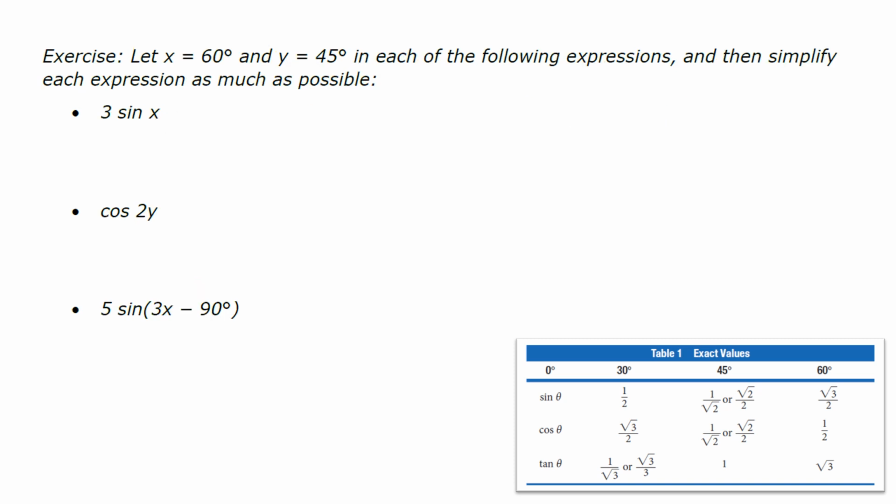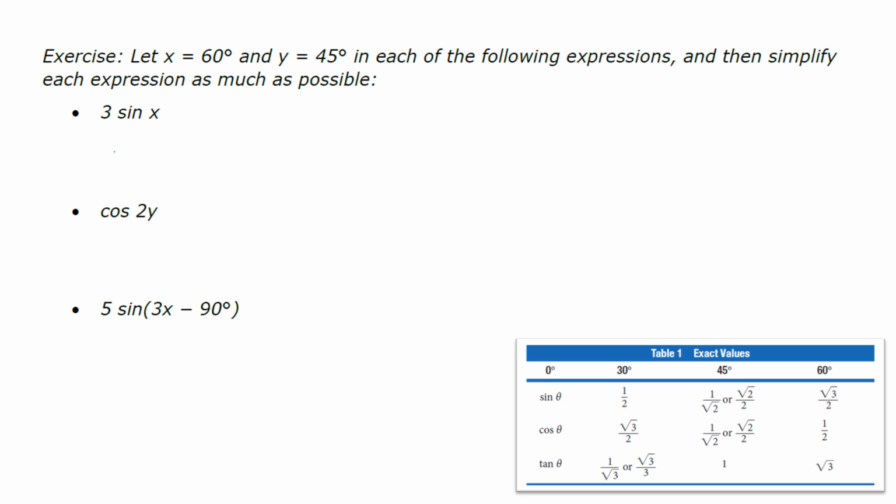In our next exercise, we are asked to let x equal 60 degrees and y equal 45 degrees in each of the following expressions, and then simplify each expression as much as possible. So 3 sine x.